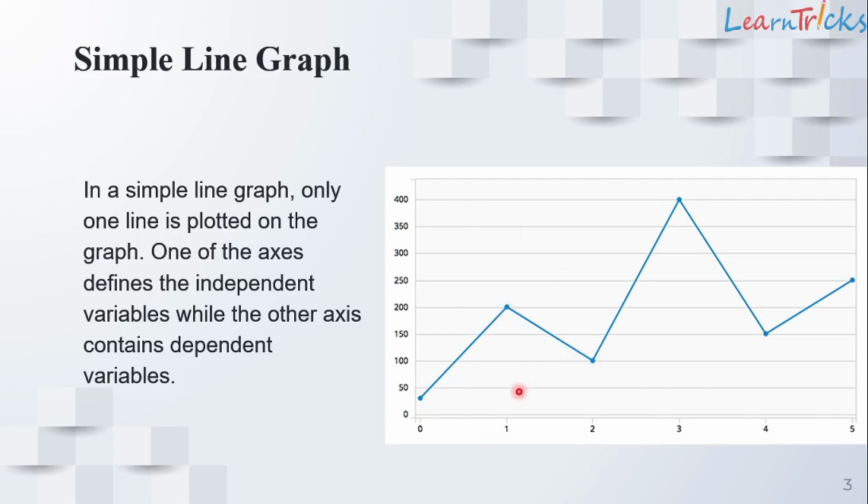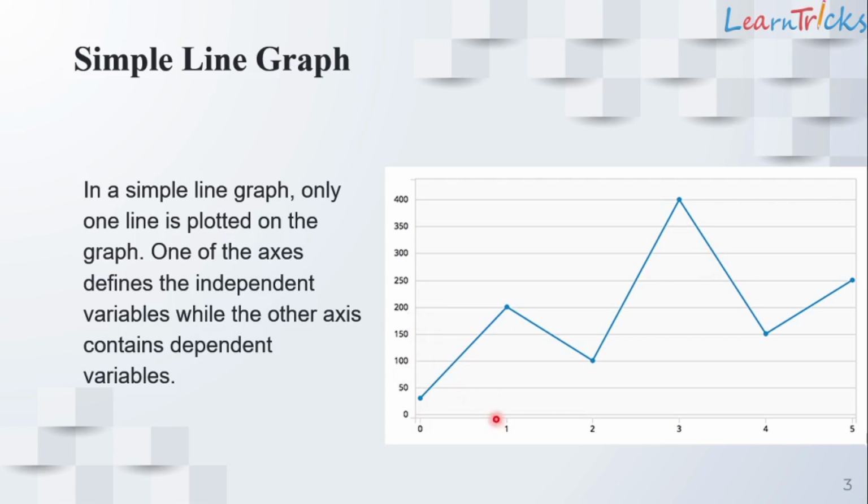In this case the line is both ascending and descending. This type of graph can be used when we have just two variables, one plotted on the x-axis and the other on the y-axis, and there are a fewer number of points between these two variables.